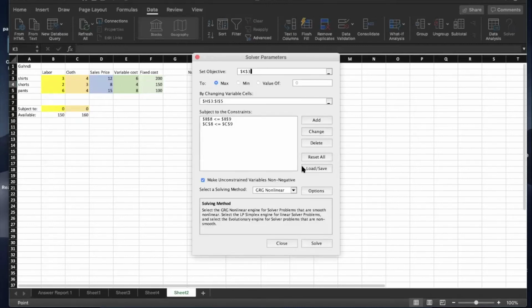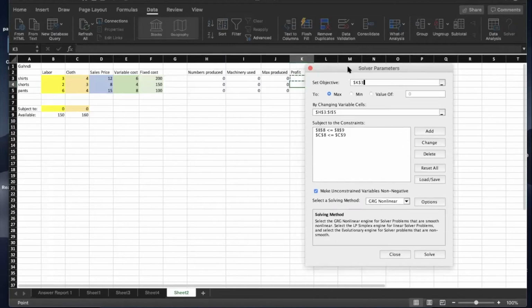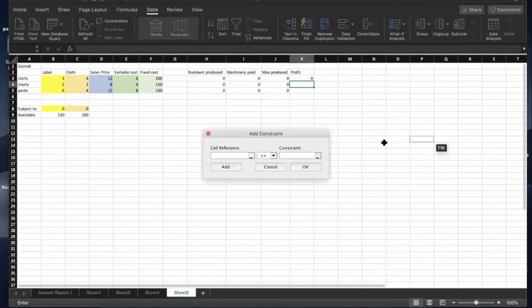Our next constraint would be with the variables. So we want to add the constraint that we cannot have more than the maximum number produced.